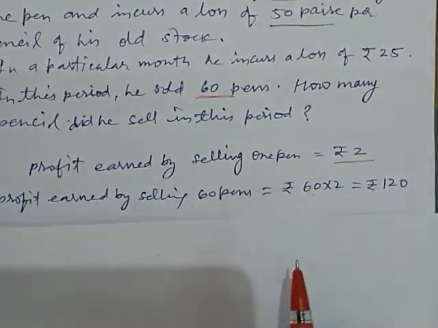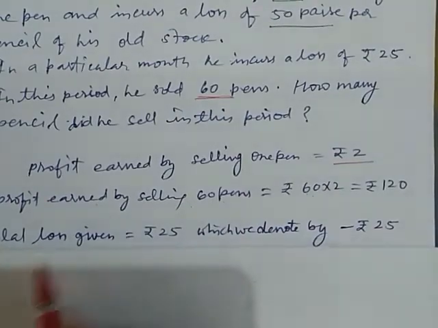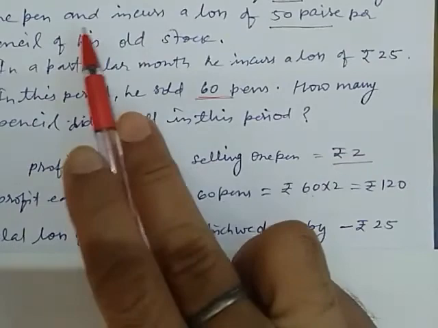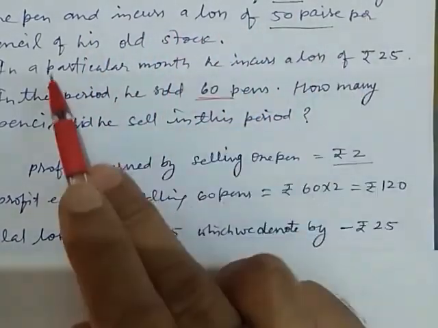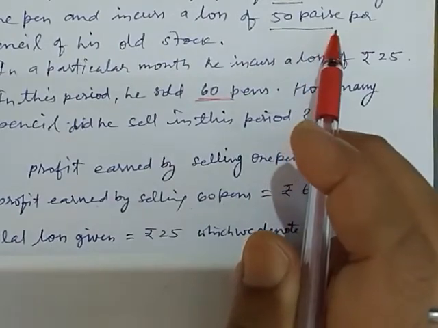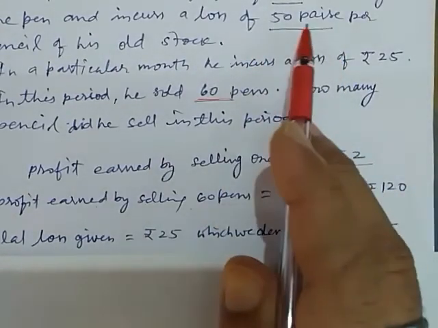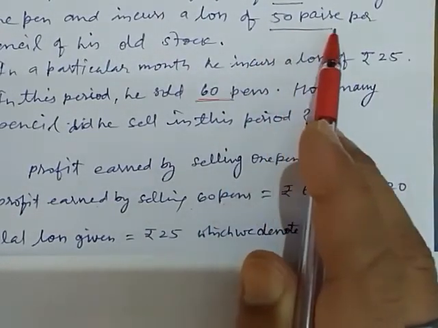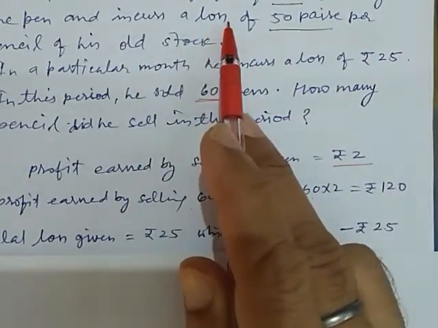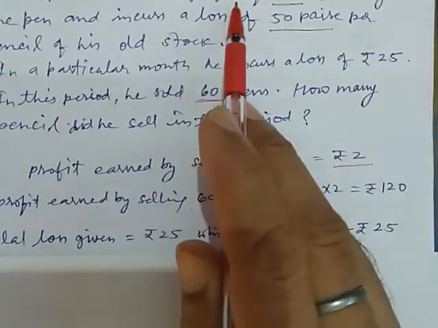Now the total loss is given here, and he incurs a loss of 50 paisa per pencil of his old stock. In selling pencils he has a loss, and by selling pens he gets a profit.